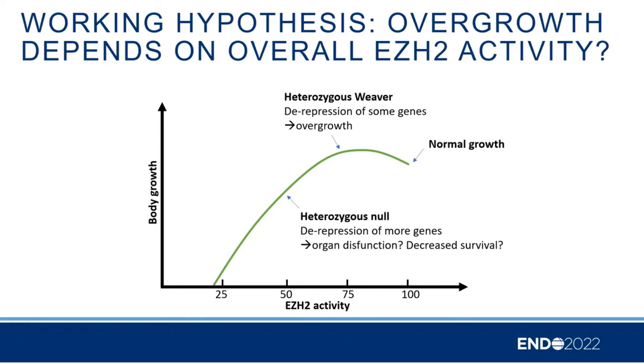In a heterozygous Weaver mutation, maybe you're down to like 75% activity, and that leads to the repression of some genes in the growth plate, and presumably many of these are growth hormone genes, and so you get a little extra growth. But when you're down to 50% in a heterozygous null mutation, the repression of more genes happens, and so maybe you get other problems. It just doesn't show up as overgrowth or Weaver syndrome.